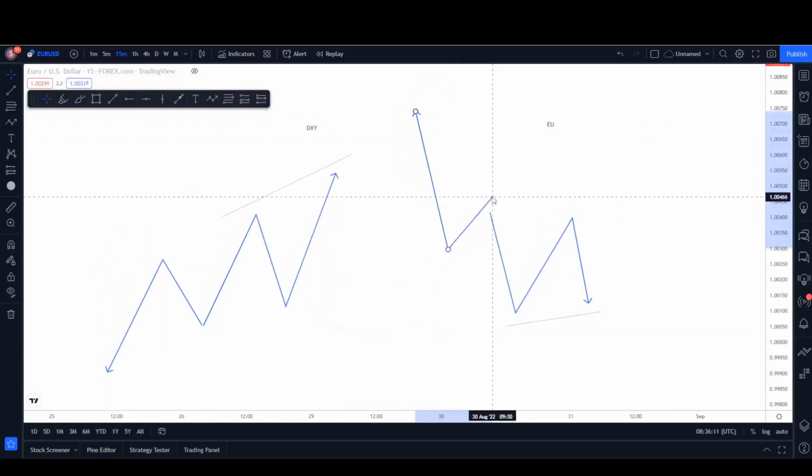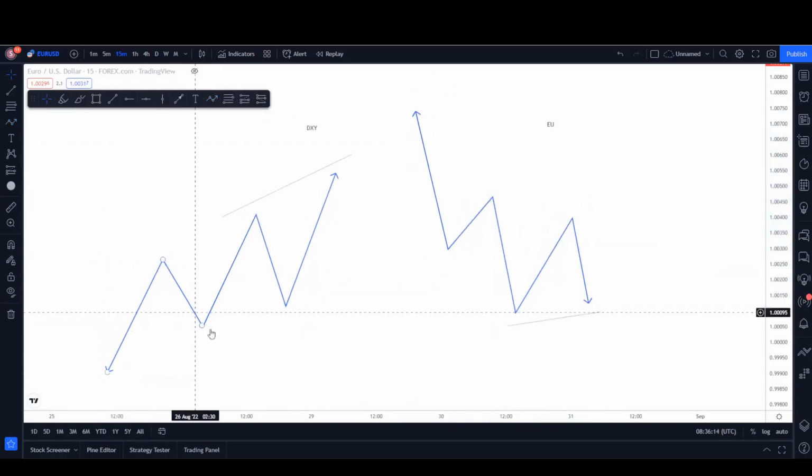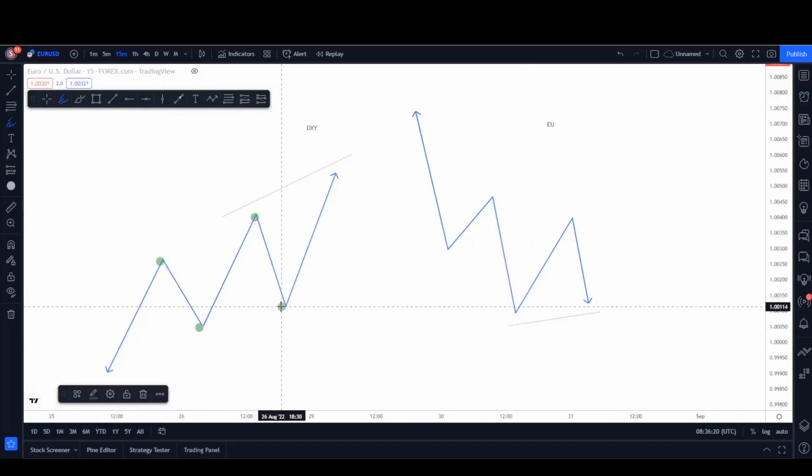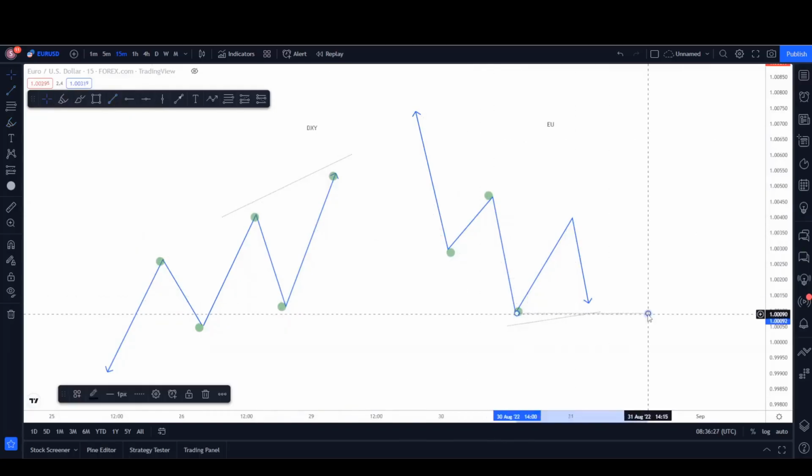Okay, so we've got clear bullish structure on the dollar and clear bearish structure on EU, right? These being our structure points. And then EU is still bearish, yet to make that lower low.